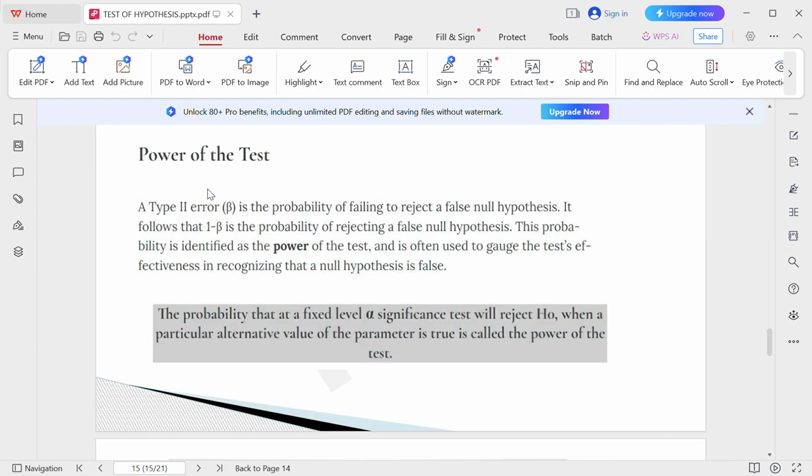Power of the test. Type 2 error is denoted by beta, the probability of failing to reject a false null hypothesis. 1 minus beta is the probability of rejecting a false null hypothesis. This probability is identified as the power of the test.